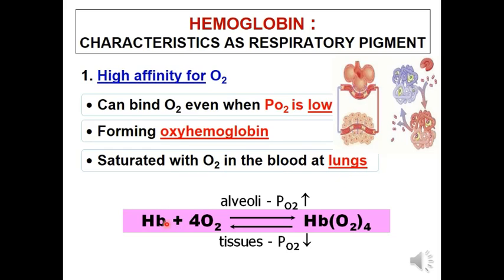Here the equation is hemoglobin plus 4 oxygen, because there are 4 heme groups. In the alveoli, the partial pressure of oxygen is high and it will form oxyhemoglobin. When the partial pressure of oxygen is low in the respiring tissues, this oxyhemoglobin will dissociate to form oxygen and hemoglobin.